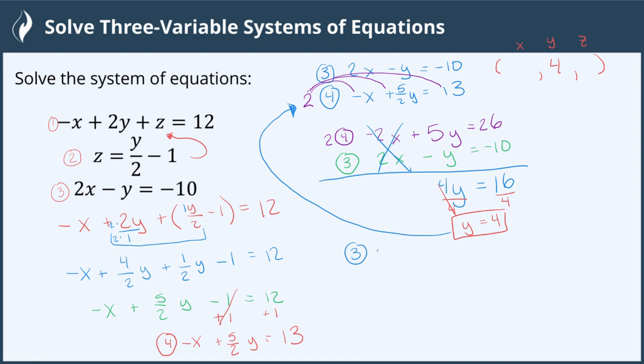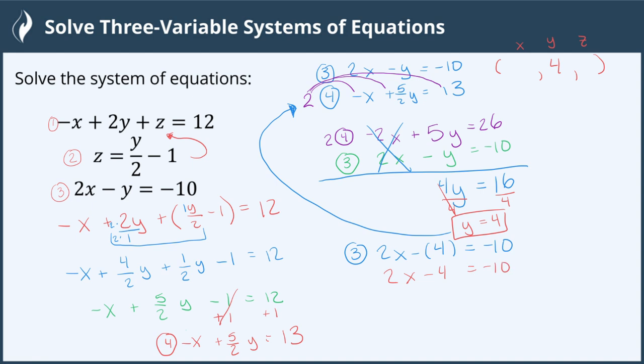So equation number 3 is 2x minus y, and whenever we substitute, we always use parentheses, and then fill it in with what we're substituting, equals negative 10. Because I have a minus here, so I have 2x minus 4, I'm just going to rewrite this as 2x minus 4 equals negative 10 so that I can drop the parentheses.